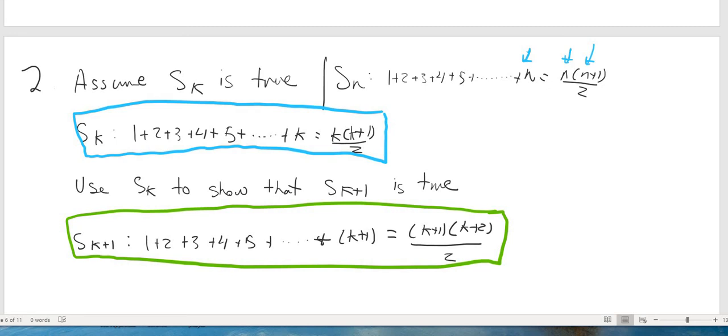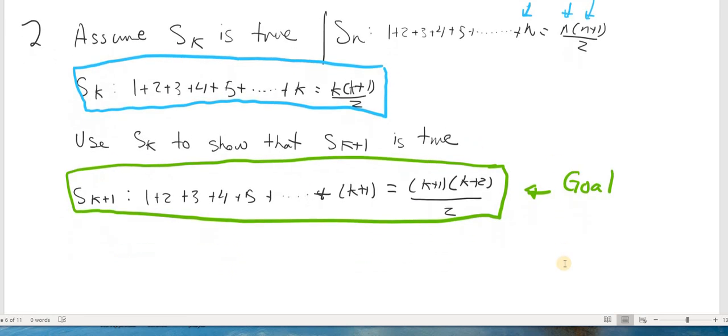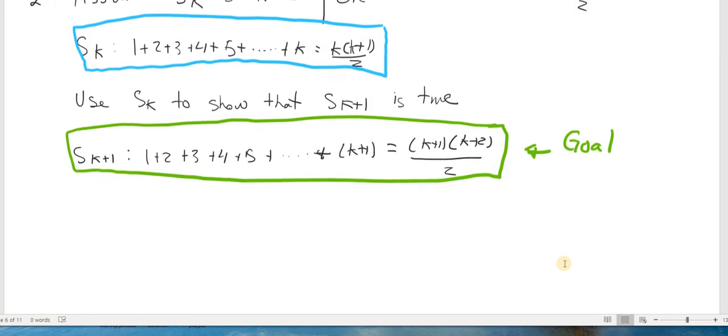In other words, this is what we have to end up with. This is the goal. Once you get this part using this part, we're done. So that means we're gonna do some algebra, and this is the tricky part.